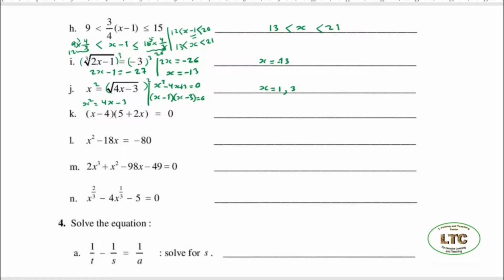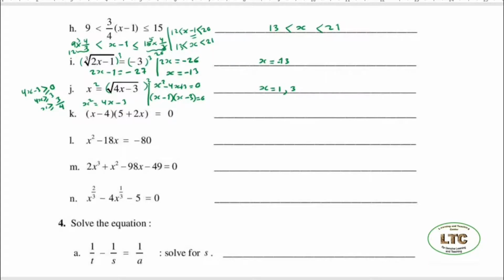Okay, but you need to check, because the original equation has square root. Square root of negative numbers does not exist. So 4x minus 3 must be 0 or positive. So 4x must be at least 3, x must be at least 3/4. So both 1 and 3 are more than 3/4, so they are solutions.